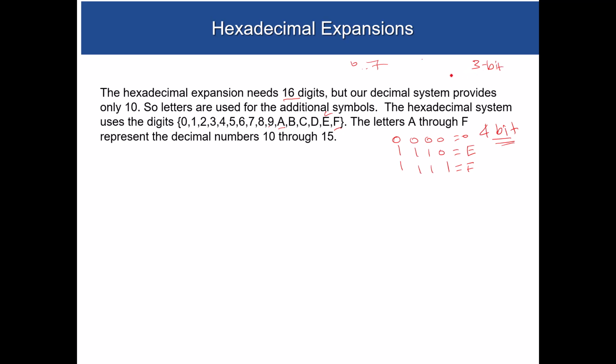So this is the motivation for having the octal. For example, 0 in octal is written this way, and 7, which is the biggest digit in the octal, is 111.